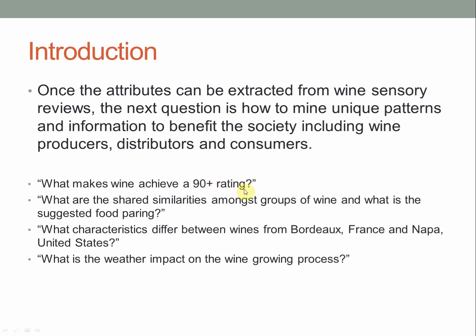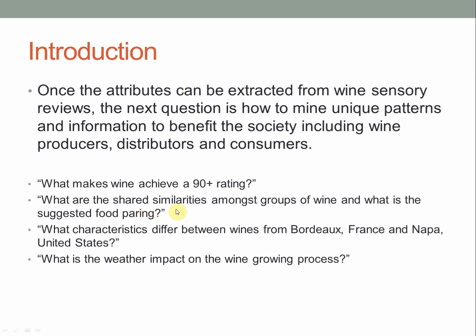When we get the data and train those data sets through a classification model, we can build a model. And more importantly, as long as the model we choose to build is a white box model, we can explain what makes a wine achieve a 90 plus rating or 90 minus.